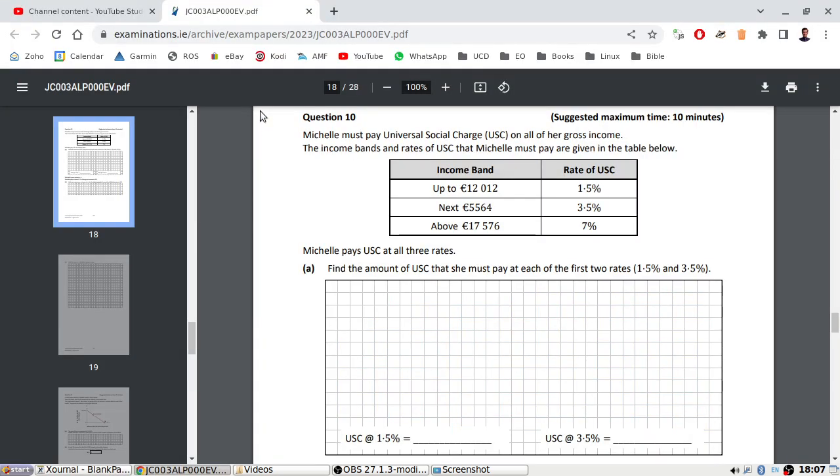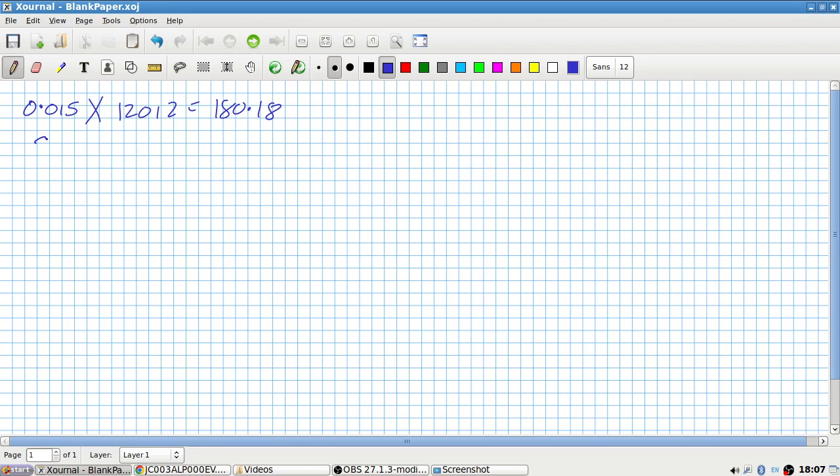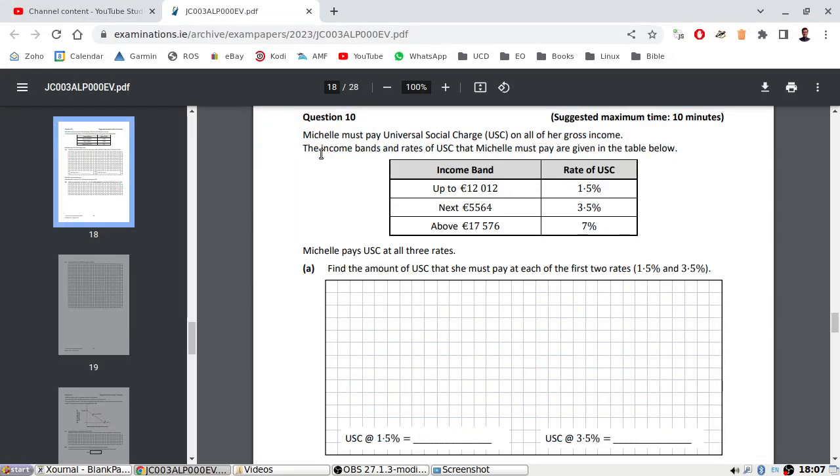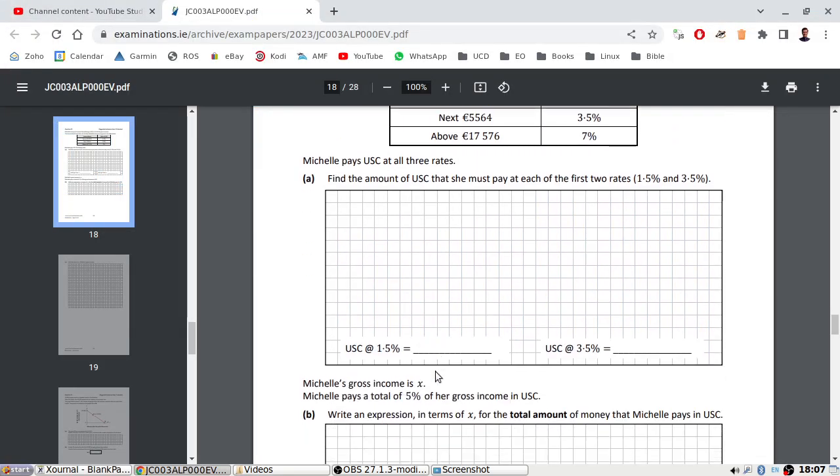And then she's to pay 3.5% on 5564, which is 194.74. So there we go, that's the two answers there.